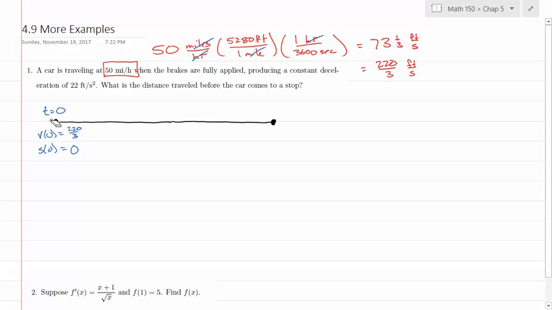Okay, the brakes are then applied. The car continues moving until it comes to a stop. Okay, so here's the point where the car comes to a stop. We don't really know what that t value is, but we do know that whatever that t value is, at that point v of t will be 0 because the car is stopped at this point.